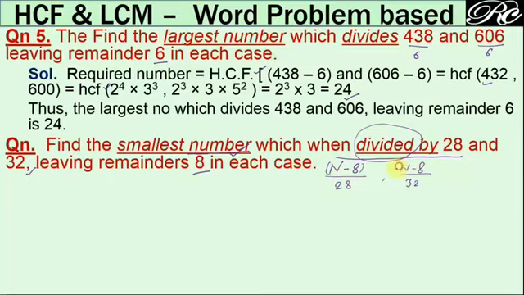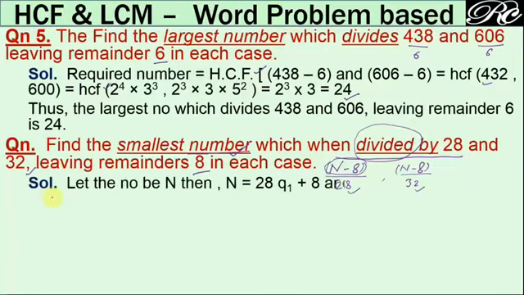Then it's obvious that this n minus 8 will be the LCM of 28 and 32. Therefore, it can be written, let the number be n, then n can be written as 28 q1 plus 8, and n can also be written as, when it is divided by 32, it gives remainder 8, 32 q2 plus 8.